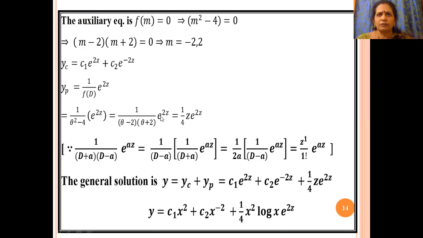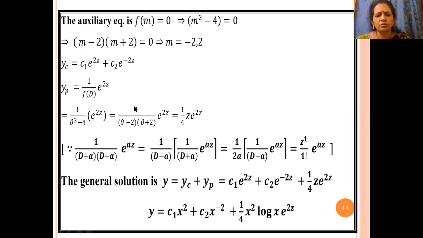Only then can we substitute the b value in the denominator. Whereas in the second problem, it is given as a combination of e power az and sin bz. Now coming to the third problem, if we substitute the b value in the denominator, we are getting 0, so for that we applied a different formula.